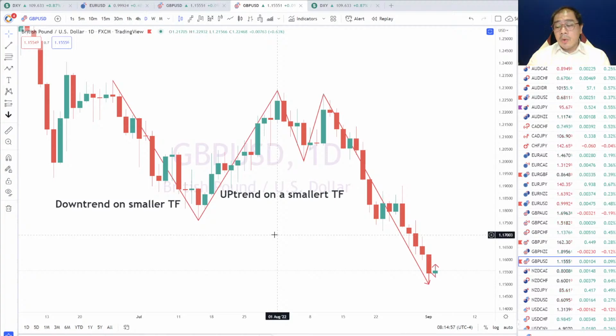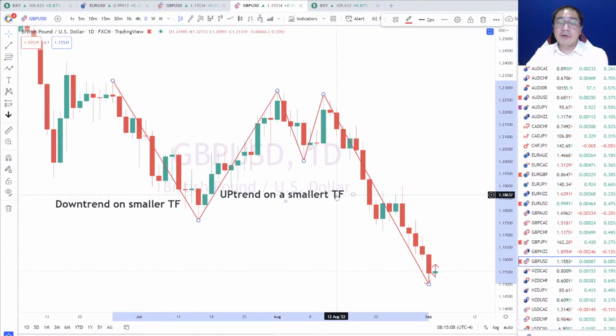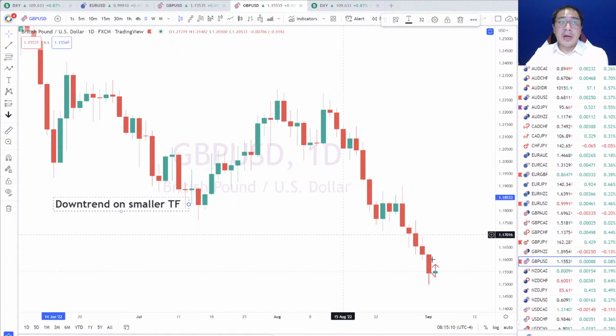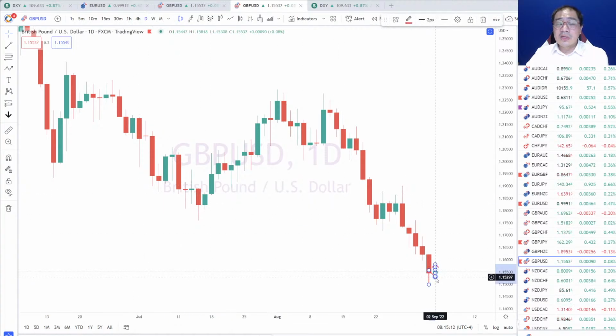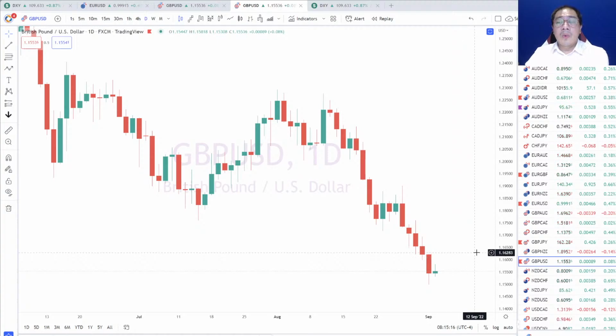So you need to be aware before taking on any information from other traders or analysts out there, because everyone is going to have a different perception on trends. That's probably the most misunderstood thing when it comes to trend. It's going to be time frame specific. Every time frame is going to show you a different thing.